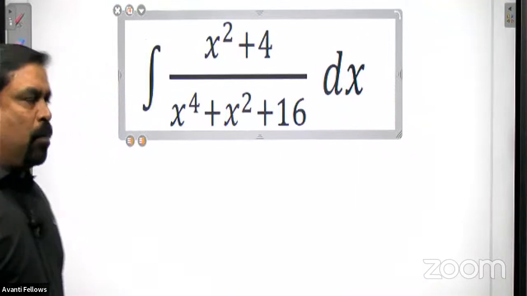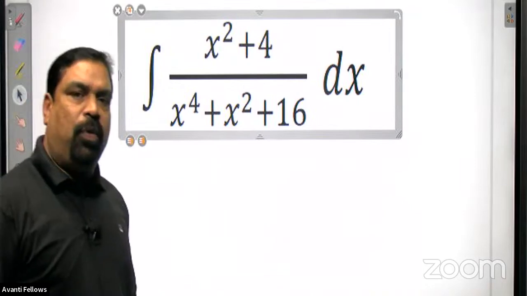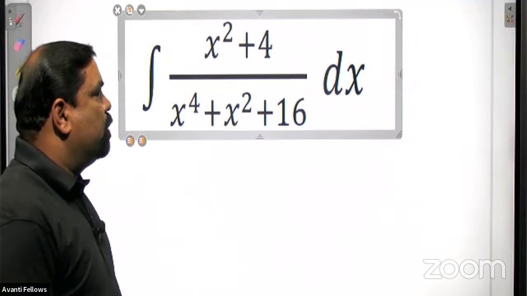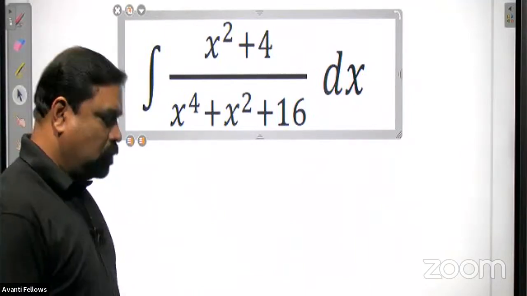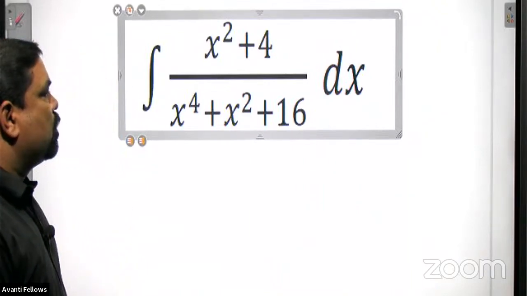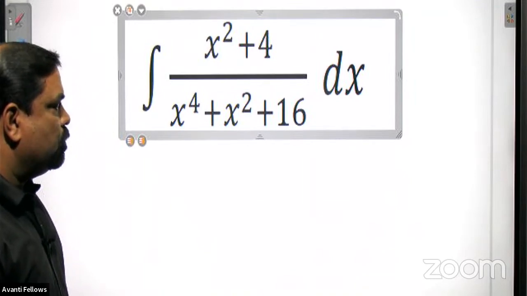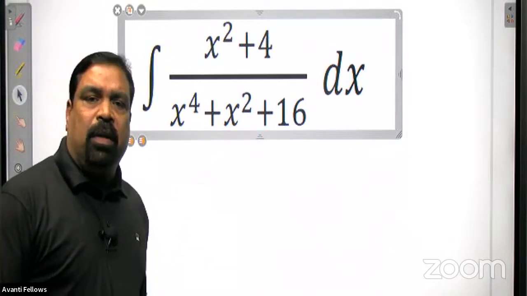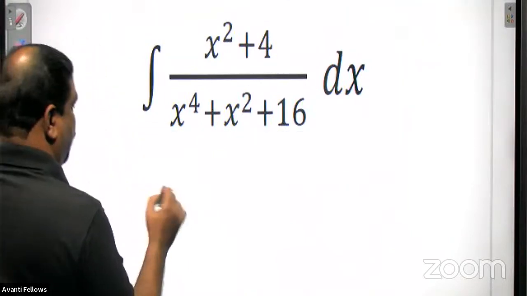X square plus 4 upon x raised to 4 plus x square plus 16. So this is a special type of integral. How to integrate it? Let's see.